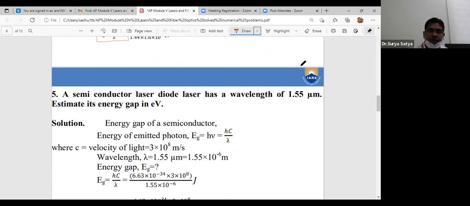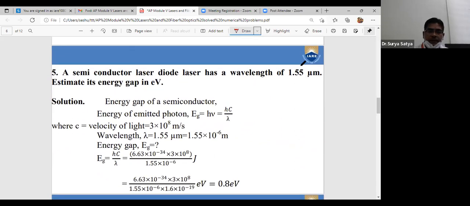So the next question is, a semiconductor diode laser has a wavelength of 1.55 micrometer. Of course, this type of semiconductor diode is not there, but a question may be asked. Semiconductor laser is also one type of laser.